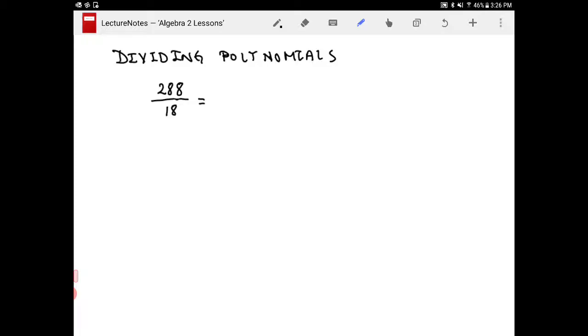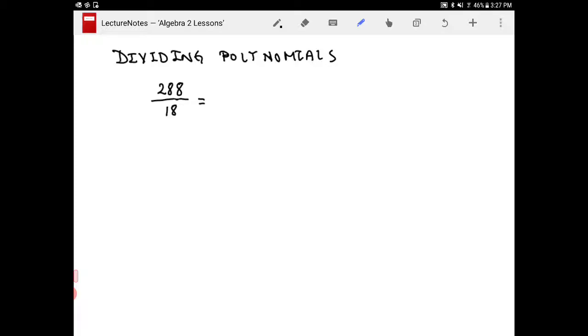Before I talk about dividing polynomials, let's get back to basics. Let's talk about how we can divide numbers. As you may recall from your early days in grammar school, where you were first introduced to working with fractions, fractions and dividing numbers end up being very similar.